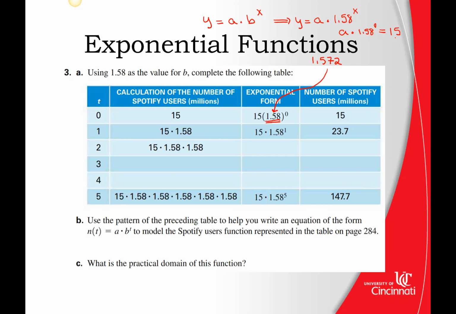And actually, it's pretty straightforward to solve because 1.58 to the 0 power equals what? 1. Any number raised to the 0 power is 1. Okay? So what this really gives us is A times 1 equals 15. Well, what's that mean A is going to equal?